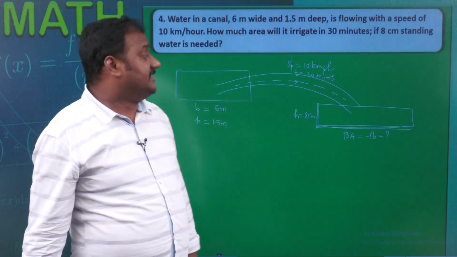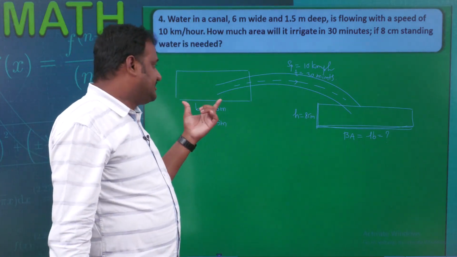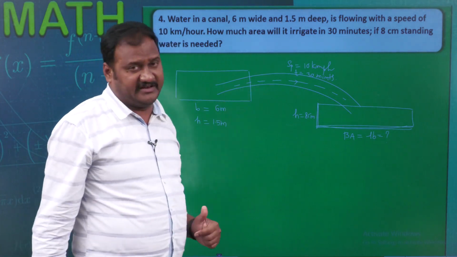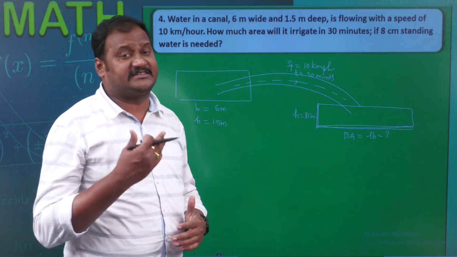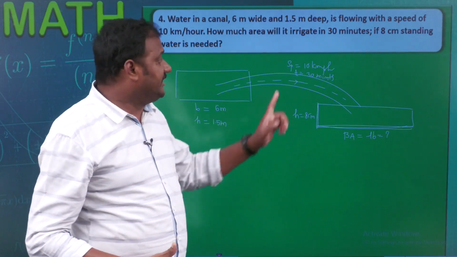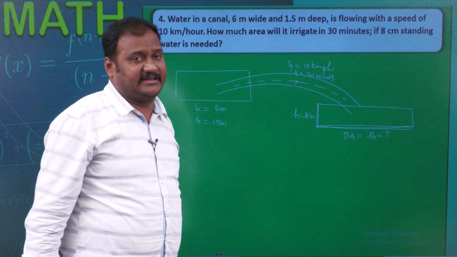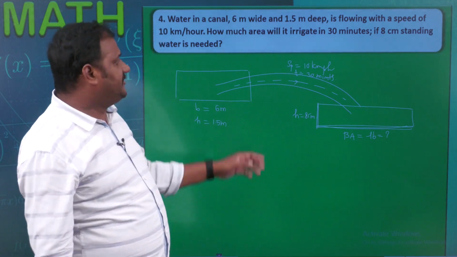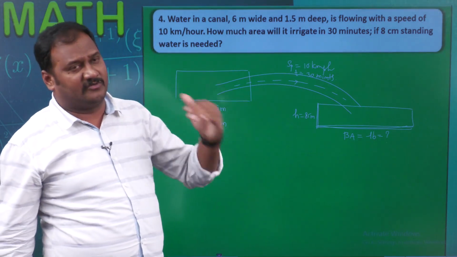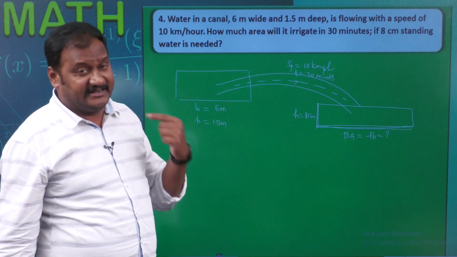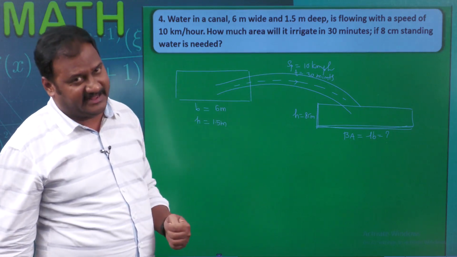You understand? See here, in order to find the volume of this canal, it is in the shape of a cuboid. Length is not given. That is what is called the distance travelled by the water during 30 minutes, with 10 kilometers per hour speed. So, will you be able to find the distance travelled by the water with the help of the speed as well as time? Yes, because distance is equal to speed multiplied by time.